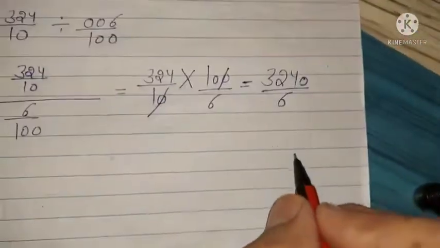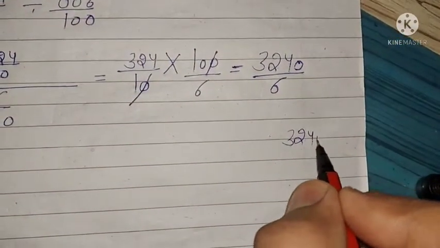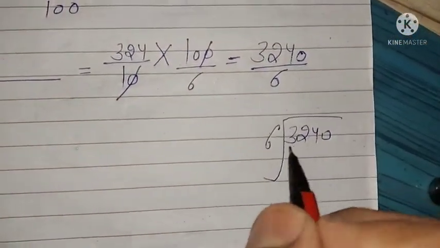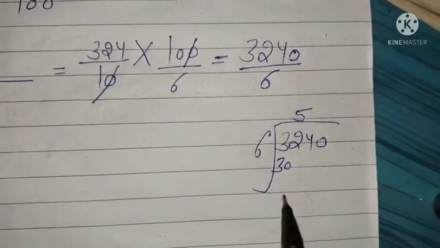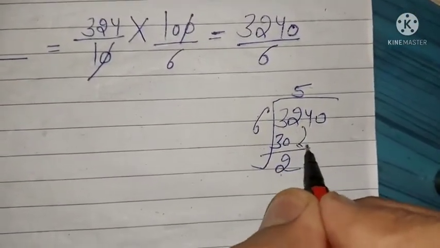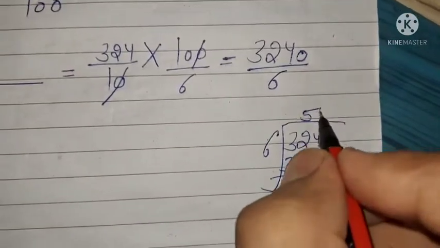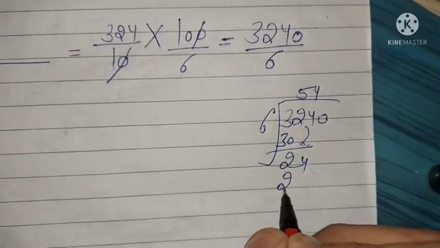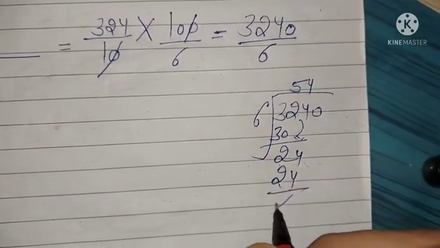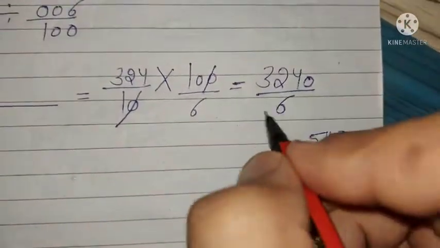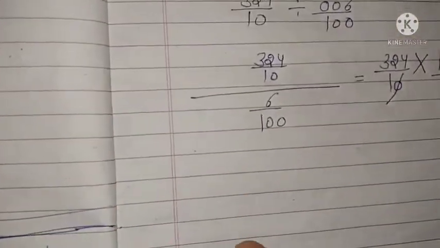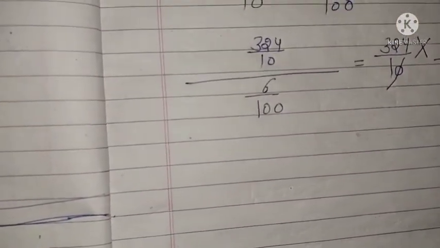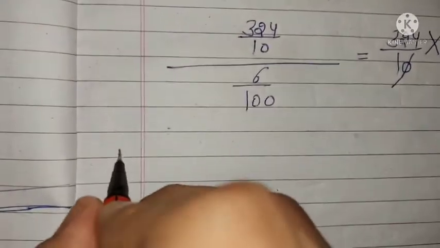Now divide this: 3240 divided by 6. 6 5s are 30, 2 would come, 4 would come, 6 4s are 24. So it would be 540. So the answer would be 540. So all questions are like that only.